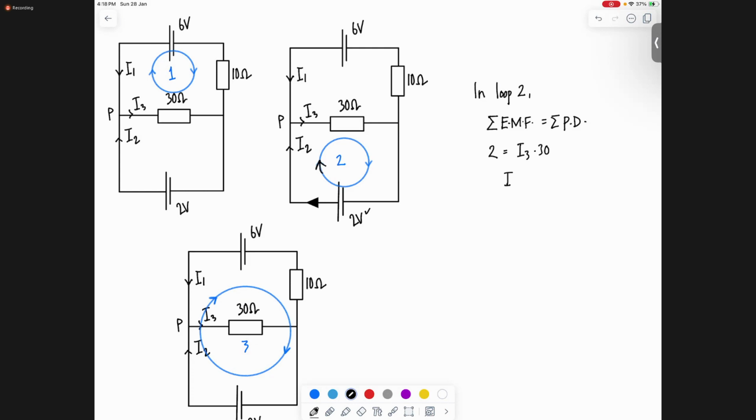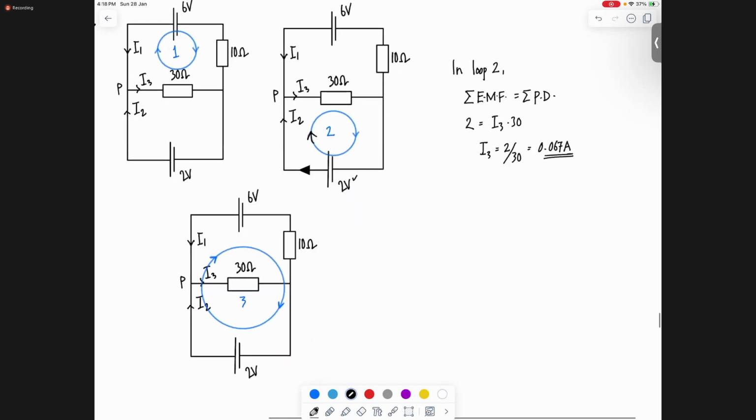So from there, you get your I3 value, which is 2 by 30. What does 2 by 30 come to? One by 15. So we have our I3.